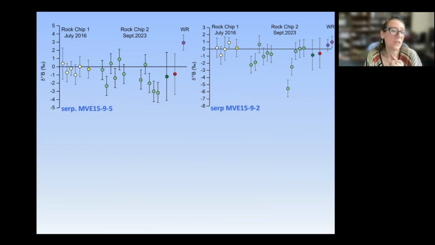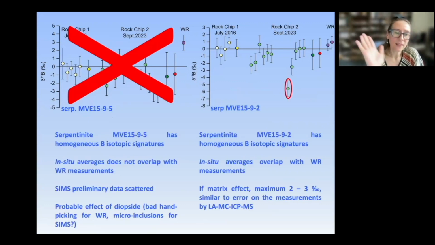What we can see is that we have much less variability than in the UBN standard. We vary within 2 or 3 per mil. At least for the sample on my right, serpentinite 1592, we have good agreement with the published bulk data and the measurement by laser ablation. The one on the left needs to be reworked a little, but we have lots of diopside veins that can probably cause a problem, at least for the bulk data.